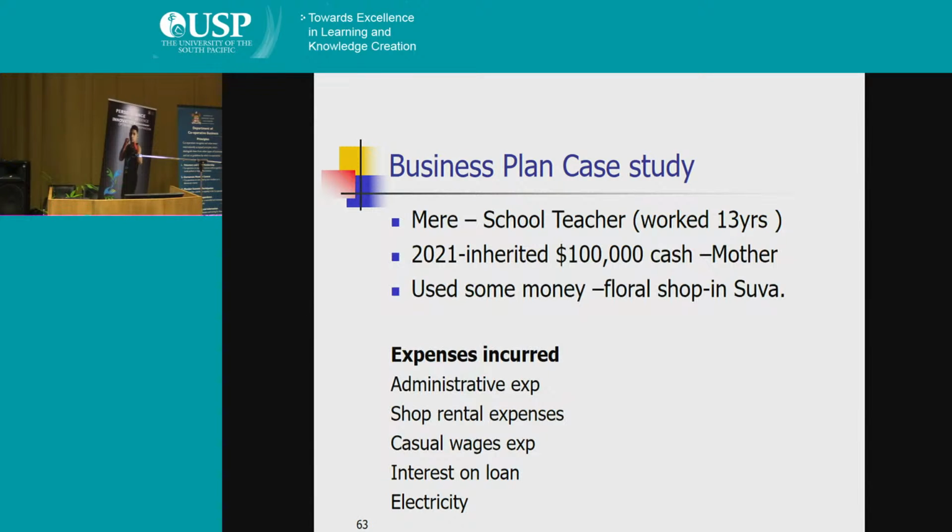So she used some money for a floral shop in Suva. Her expenses were administrative expenses, shop rental expenses, casual wages expenses, and interest on loan. She took a loan. Why?